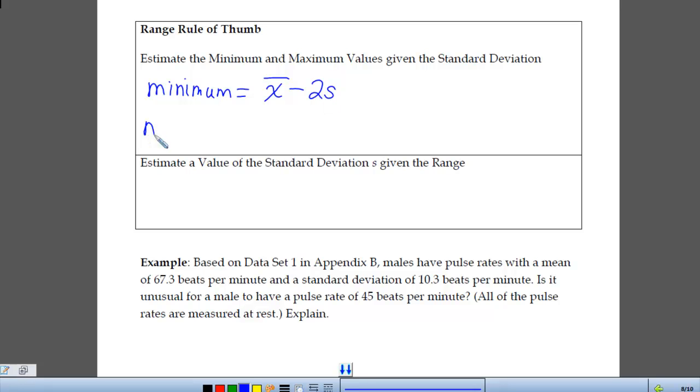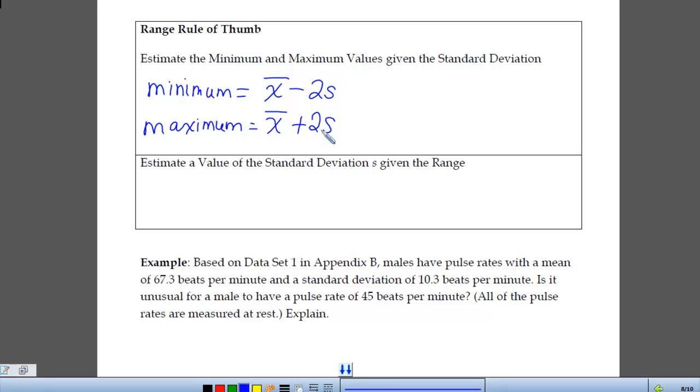And we estimate the maximum to be x bar plus 2 times the standard deviation. So if somebody wants to ask you, give me an idea about what the minimum and maximum values are, this is how we would do it.